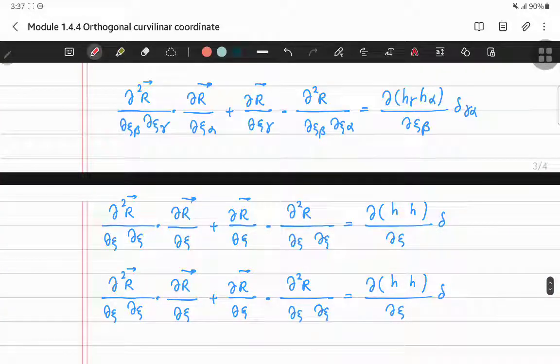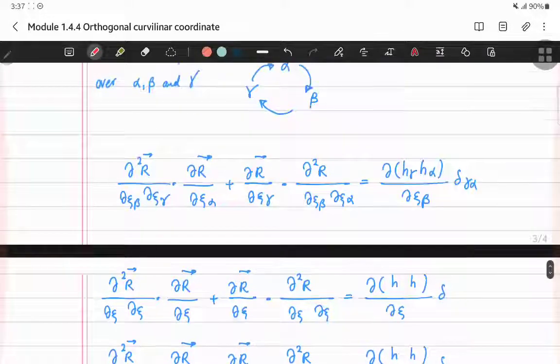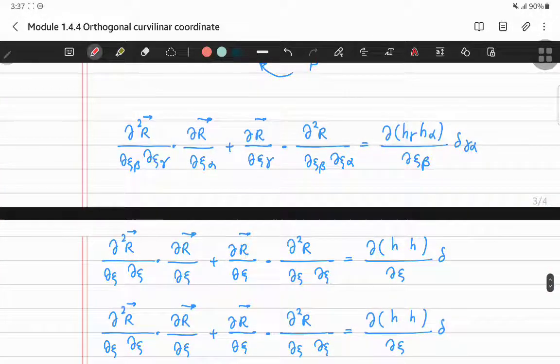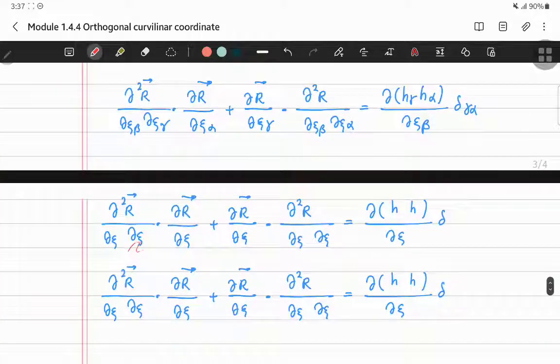Perfect. So I have beta here, and since we have beta, it becomes gamma. So let me just write it here: alpha, beta, and gamma.